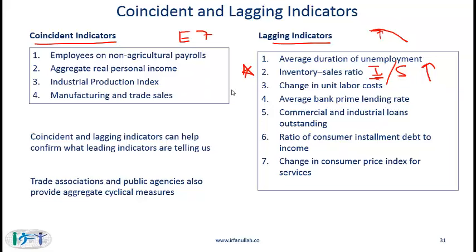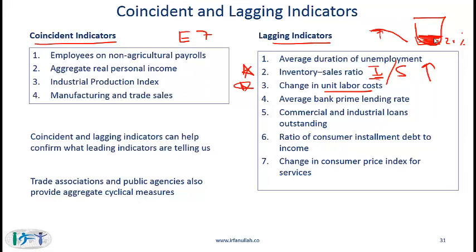Change in unit labor cost is also a lagging indicator. Remember, this is a measure of the labor cost associated with each item. So if this is the total cost of an item and this part is the labor cost, then we are saying here that roughly 20% of the overall cost here is labor cost.